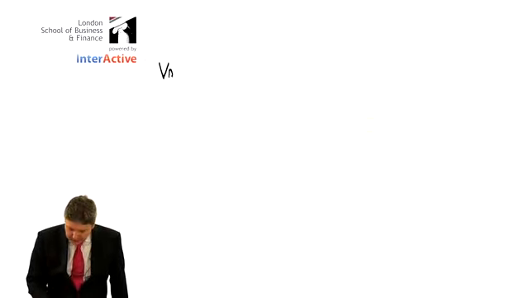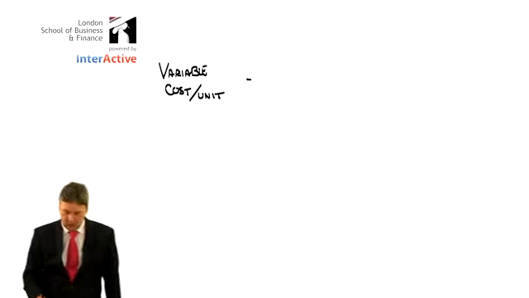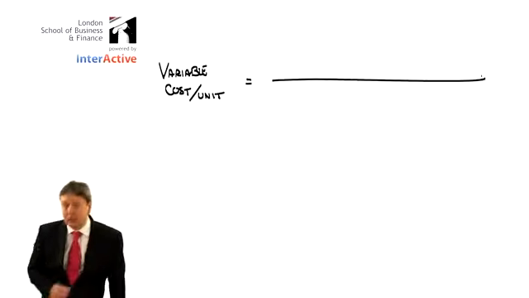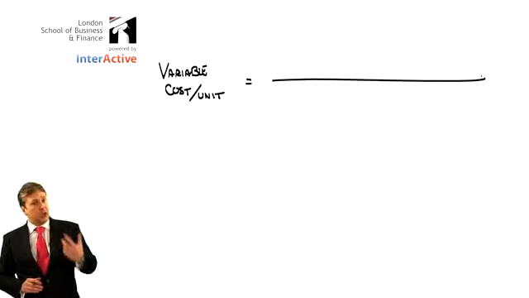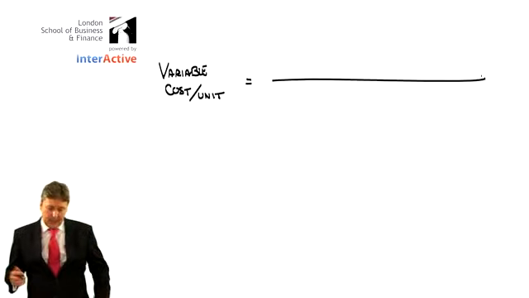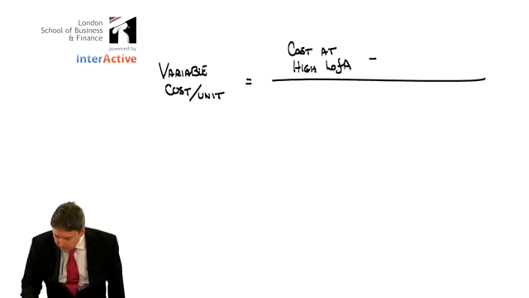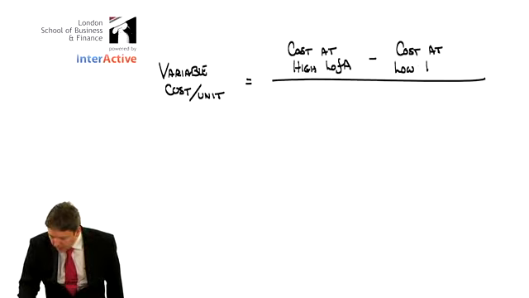If we were looking to calculate the variable cost per unit, one component of the cost, we can see that, well, if the only reason for the change in the cost is due to the change in the level of activity, all we would have to say is this. We take the cost at the high level of activity minus the cost at the low level of activity.